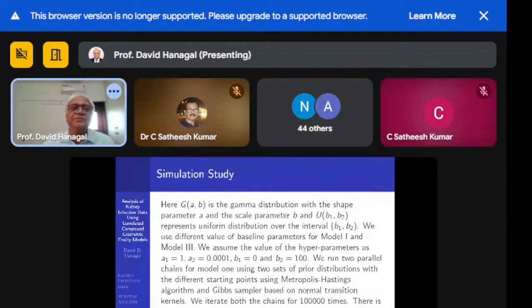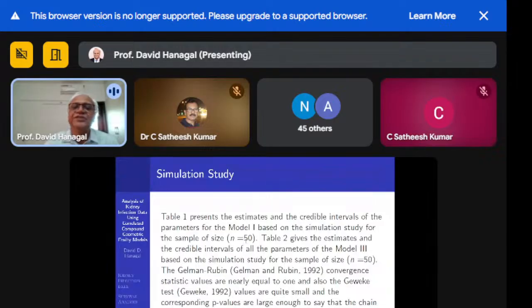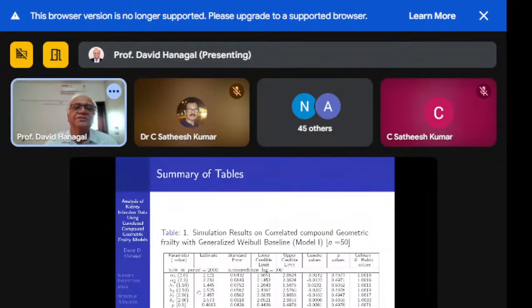I'm just taking some hyperparameters A1, A2, B1, B2. You can change the value of the hyperparameters also. The sample size is 50. Table 1 and table 2 have the estimates that we see directly: parameters, estimates, standard error, lower critical limit, upper critical limit, P values.